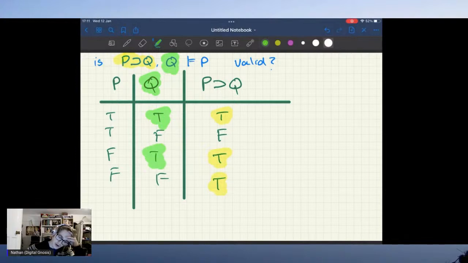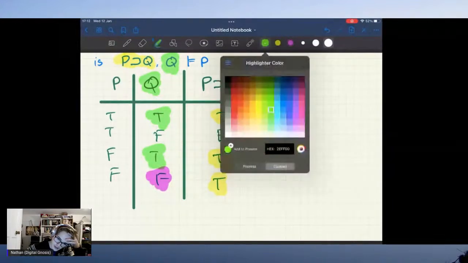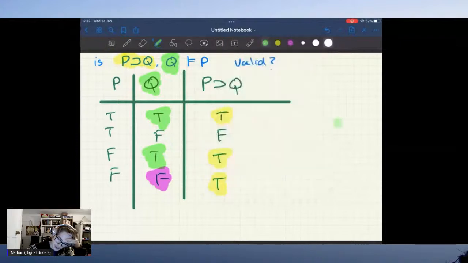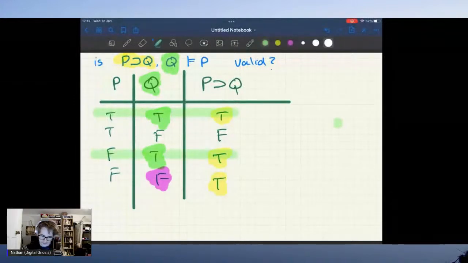So in this one, even though P then Q is true, Q is false, and so we don't care about that one. So now these are the structures that we care about. These two structures.